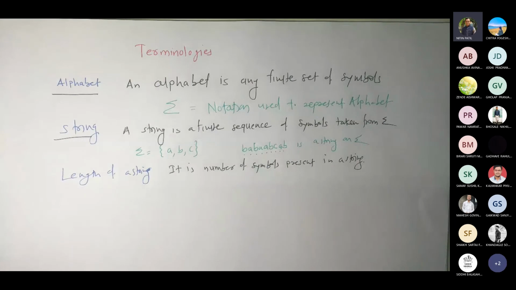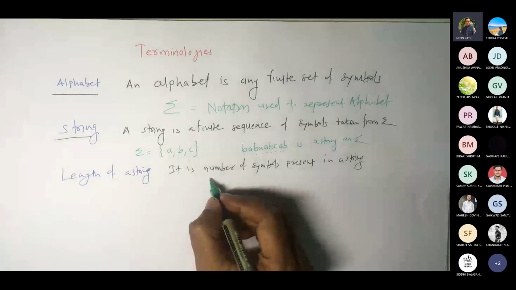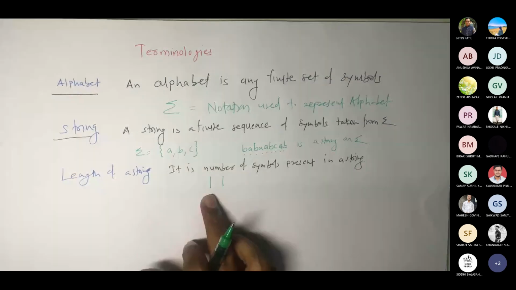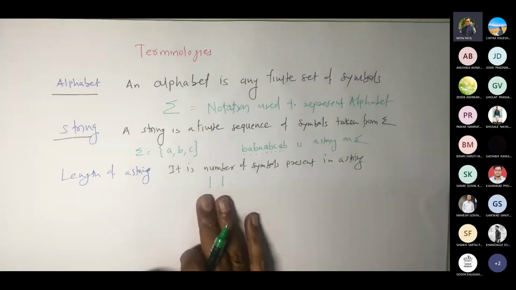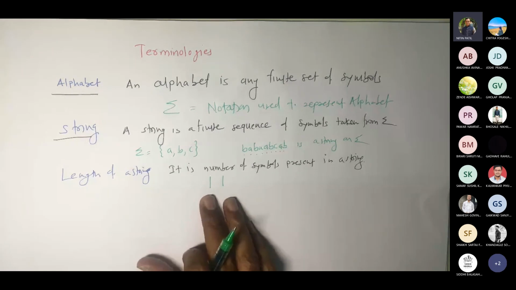So how do you define this length of a string? You define the length of a string by using an operation called mod, which is represented by symbols like this, mod. Generally it is found above your enter key, a symbol added along with a slash.